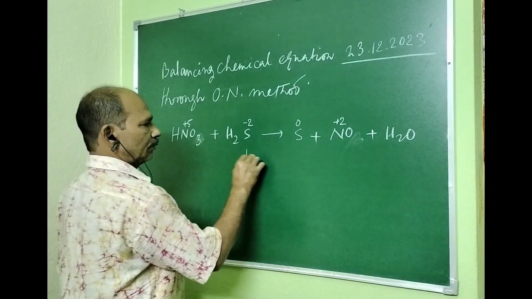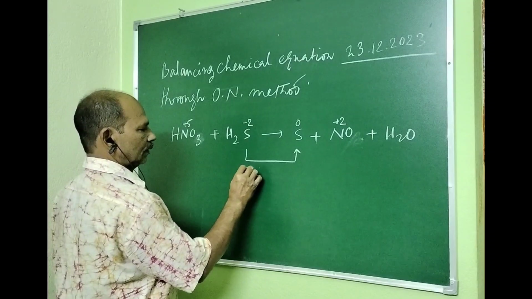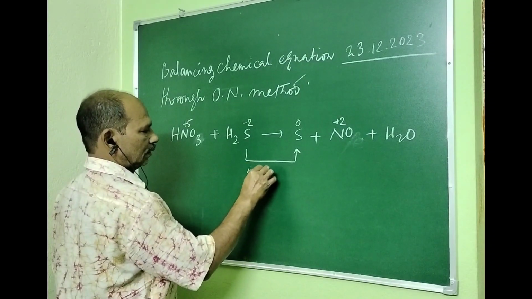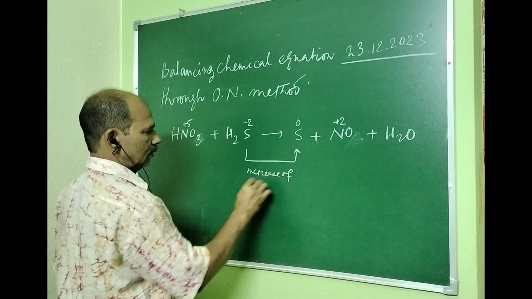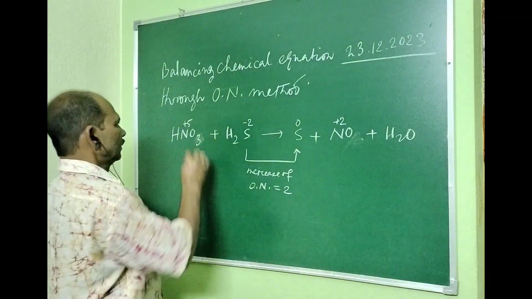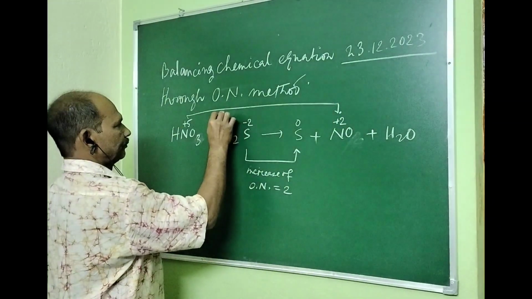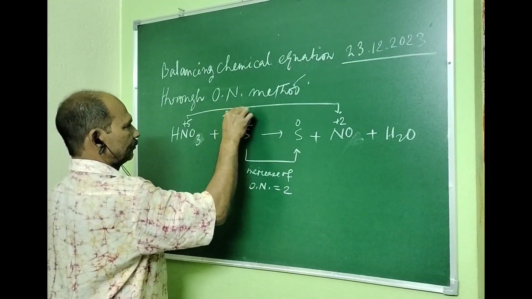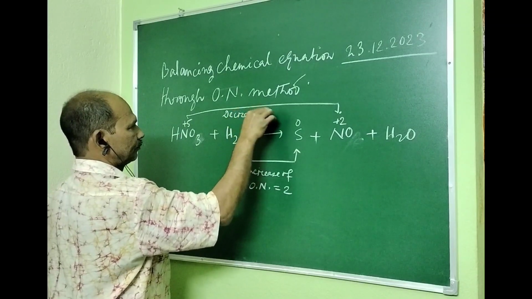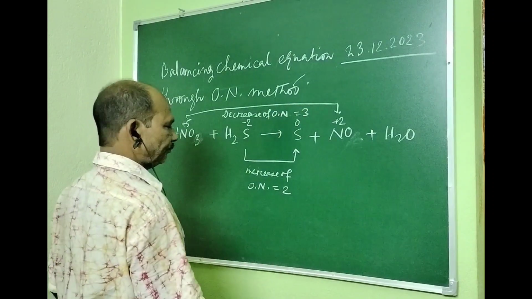So the increase of oxidation number for one sulfur atom is two, and the decrease of oxidation number for one nitrogen atom is three.